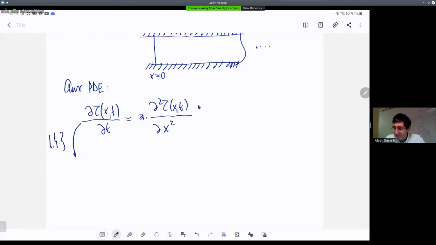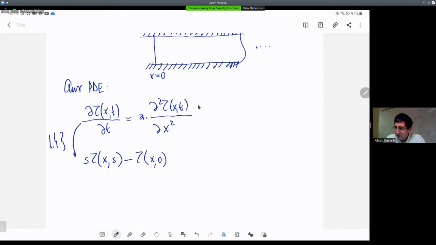So what we will have is s times tau. The x variable still stays, but the time variable is transformed into the frequency variable, minus the initial condition, which is the temperature, again at the same x, but at time 0.